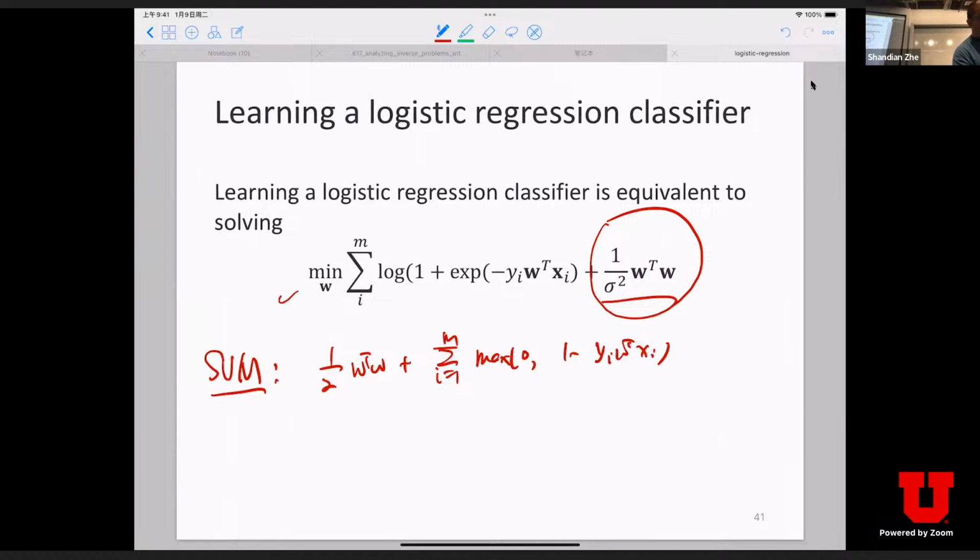The only difference is that we replace the hinge loss by the logistic loss, and we have a constant C here. The sigma square is actually the counterpart of constant C. You can multiply by sigma square and put it in front, then it takes the same role as the trade-off parameter C in the SVM. So you find a very high similarity to the SVM loss.